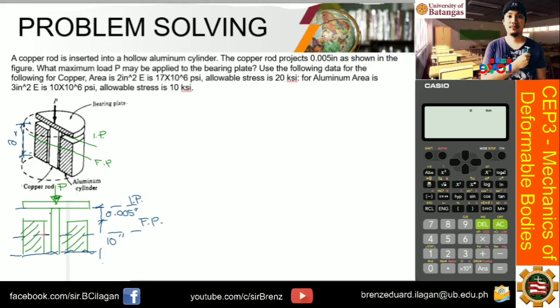So gagawa tayo ng free body diagram. So first, yung copper rod mo, magke-carry siya ng internal load. So again, if this is pababa, therefore, etong force mo dito will be upward to counteract that downward force. So this will be for P copper.